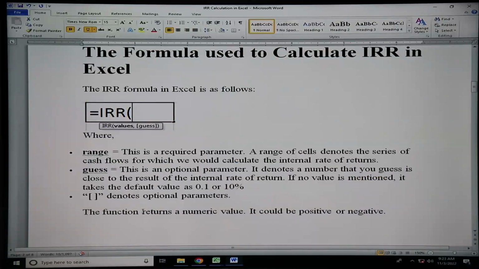Just a minute, I want to rectify something. There's a value we need to change here. Okay.